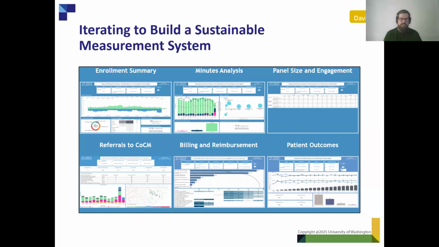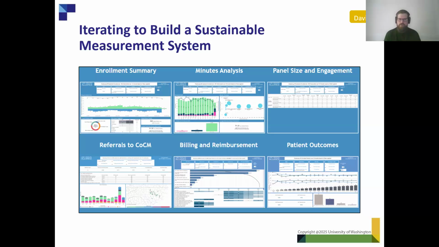For the minutes and panel size, we're able to look down at the care manager LCSW level and make sure that if there are limits in the capacity that they're providing, we can supply them with the resources they need to make sure that patients are receiving the care they need routinely. And then lastly, for billing and patient outcomes, this is where we get to make sure that we're having the effect that we need to have.